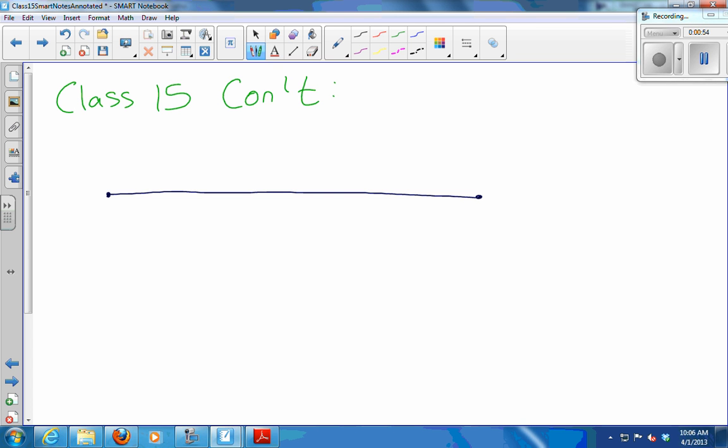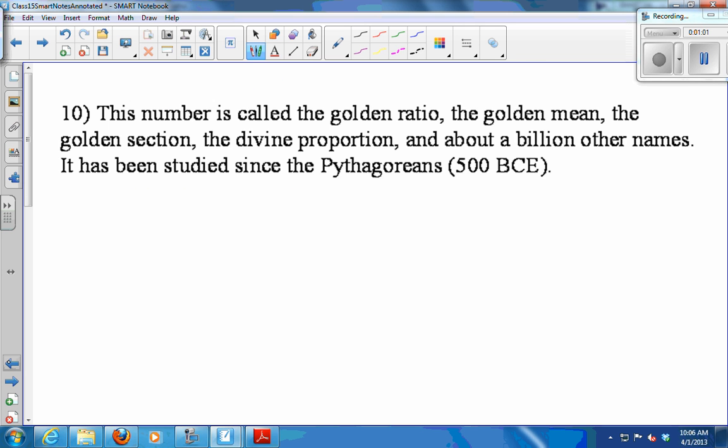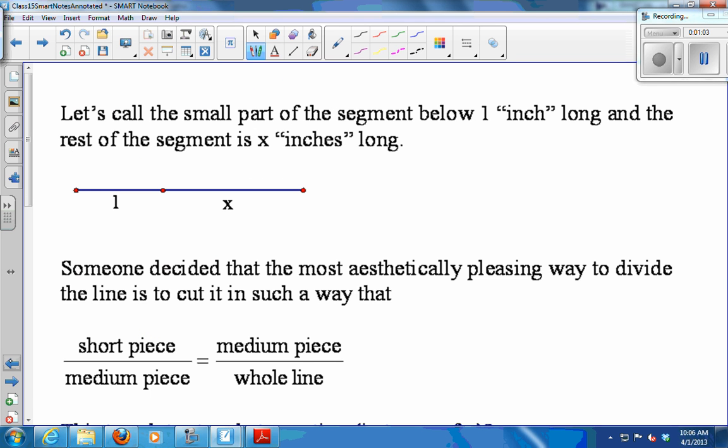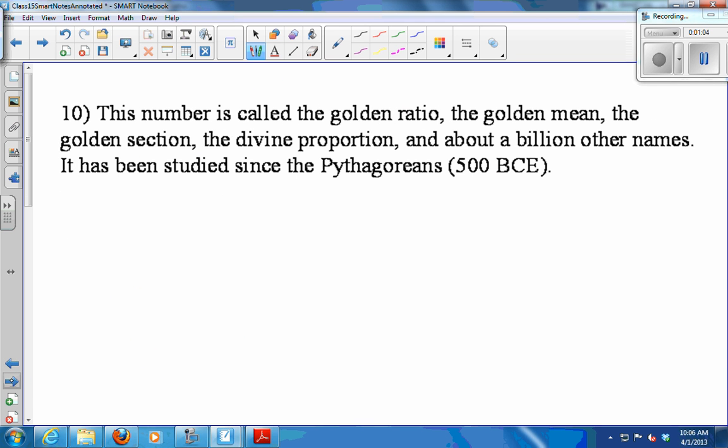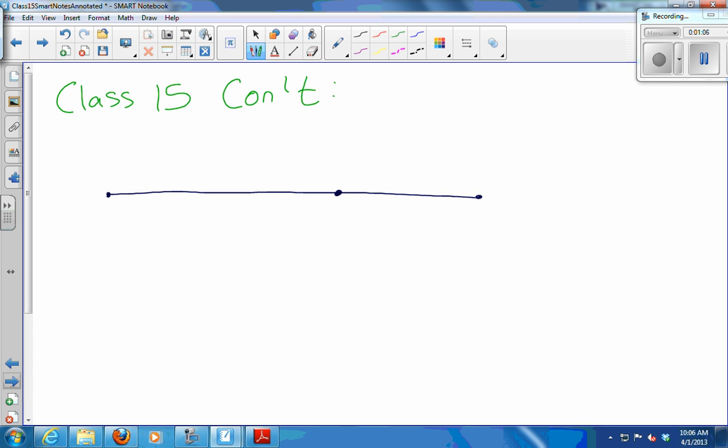So the ancient Greeks, in fact, it was the Pythagoreans, they said, we're going to cut it so that we don't cut it evenly. We're going to cut it into a piece that's size 1 and a piece that's size some unknown amount x.